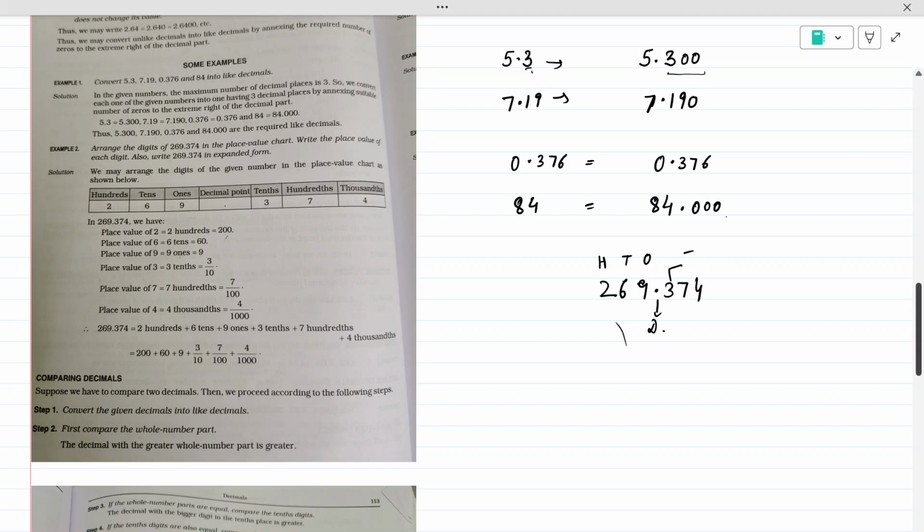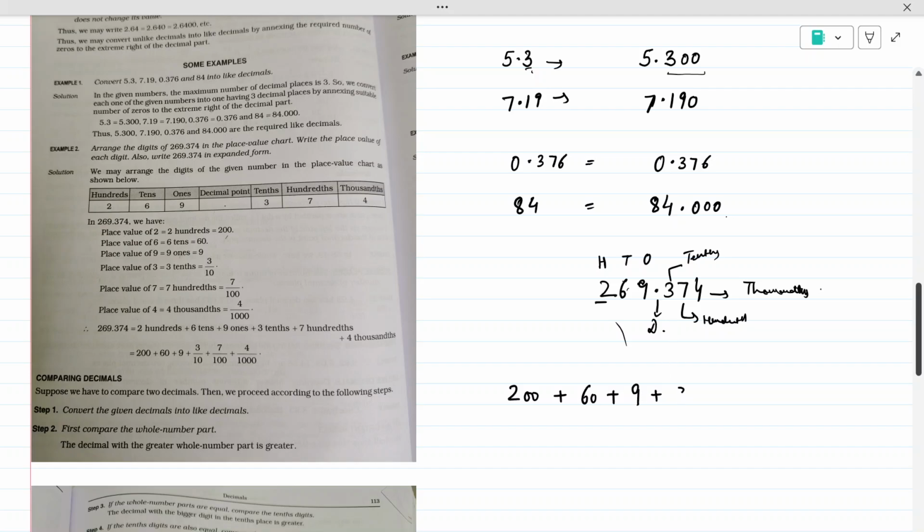Then 3 is at the 10th place, 7 is at the 100th place, and 4 is at the 1000th place, right? This is how we have to do it. And now if we want to write this in the form of zeros, 2 is at the 100th place, so this is 200, plus 6 is at the 10's place, it is 60, plus 9 is at the 1's place, so 9 will be multiplied with 1 only, 9.